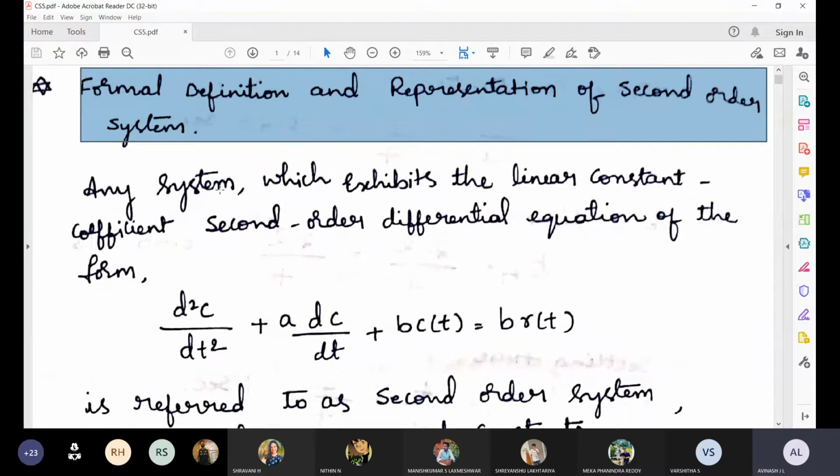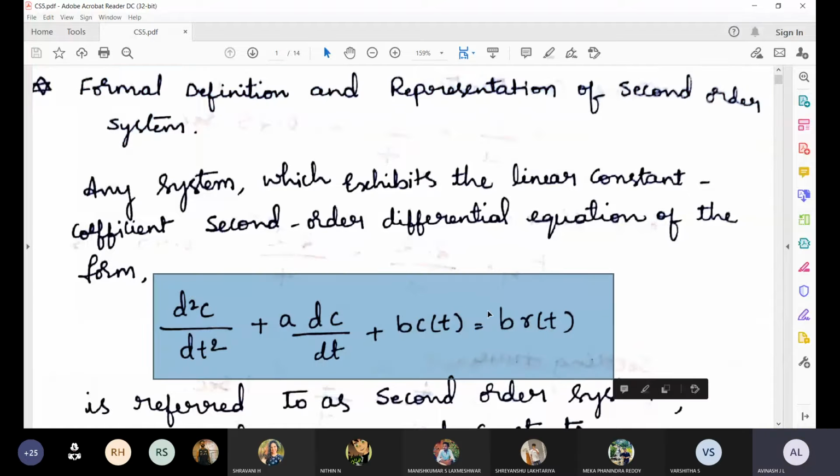Any system which exhibits a linear constant coefficient second order differential equation of that particular form is given by this equation.